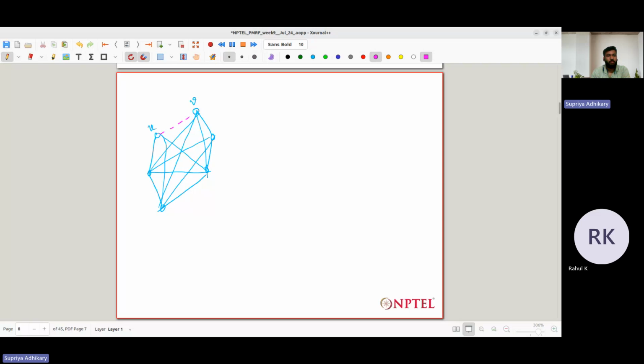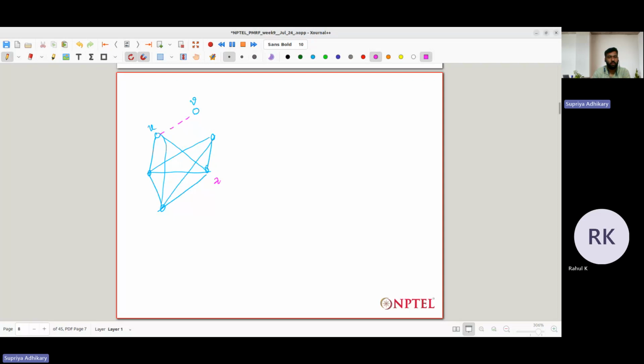Then U and V are still connected because, given any other vertex over here, let's say T, there exists a path UTV like this. So the only way that we can make a complete graph disconnected is to delete all possible edges corresponding to one particular vertex.